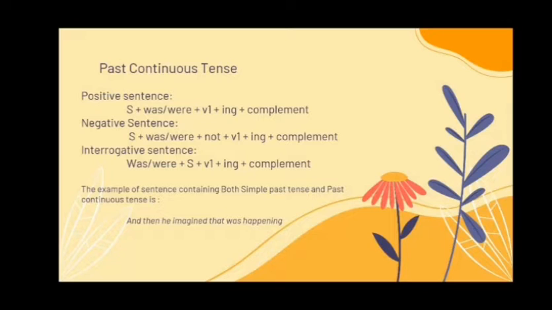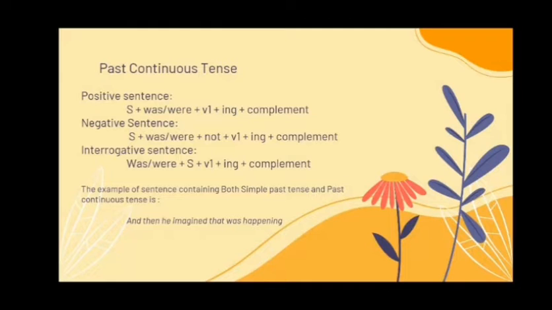Imagined is a verb 2 because imagine is a verb 1 plus ed, and that's why imagined can show us that this sentence uses simple past. And the second keyword is was happening.